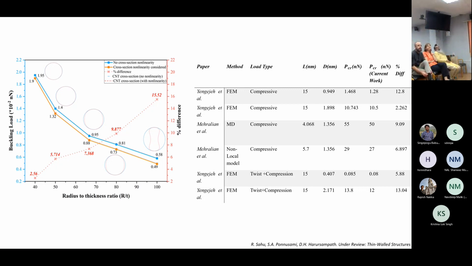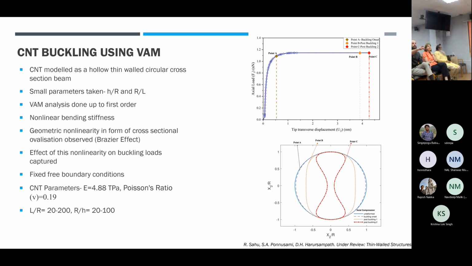Can you go to the previous slide? In this one, in point B, the circular cross section, is it always constrained between the undeformed shape, like the perimeter? No, actually, it's not constrained, but these are the shapes which we are getting from the formulation.